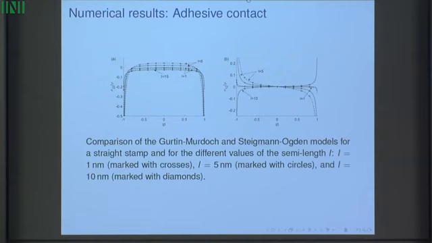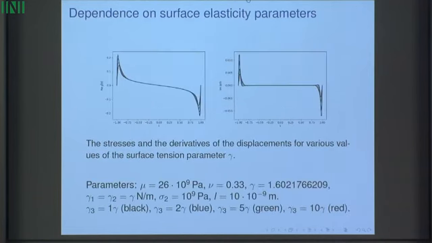The larger your structure and characteristic size, the more it attempts to go to the classical solution, which is singular. So the sharper your behavior at the crack tips. So those are results for adhesive contact, actually, for a slightly different problem, but it can be treated in the same way.